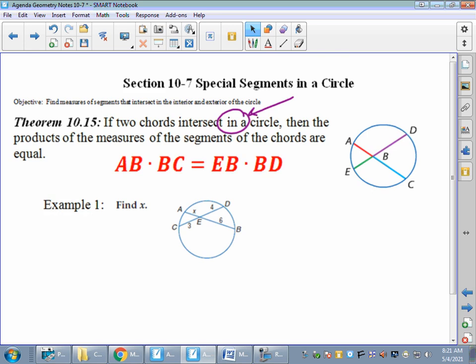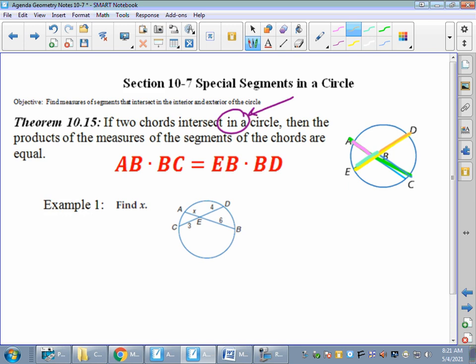If I look at this particular example, if I take this whole chord, AC, and I multiply its two pieces, AB times BC has to be equal to the other segment, the product of its two pieces, EB times BD. So here's how I think of this.